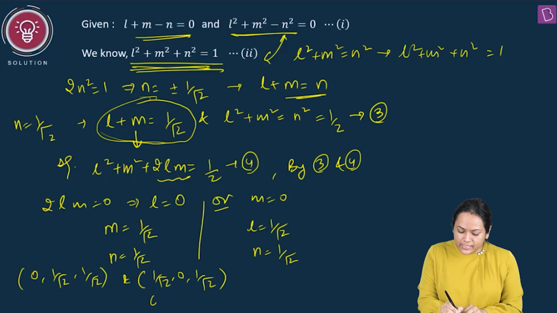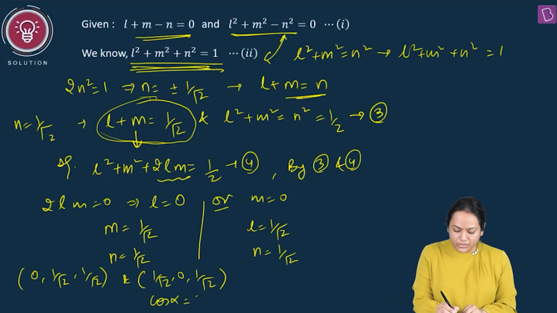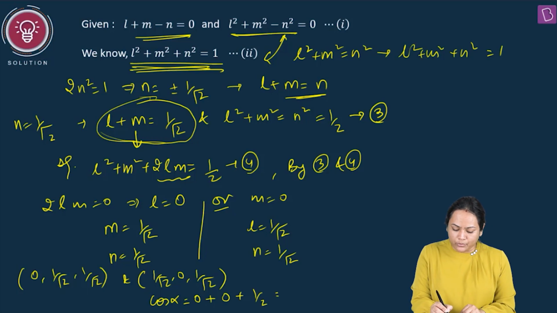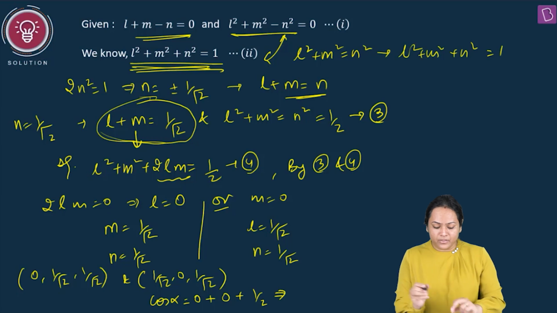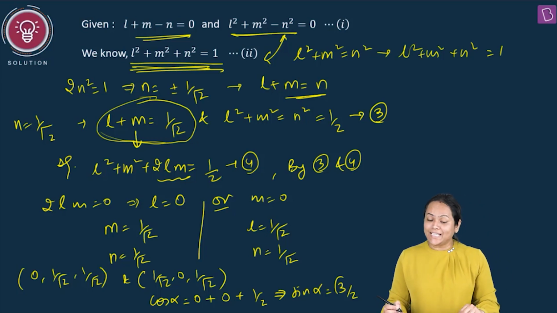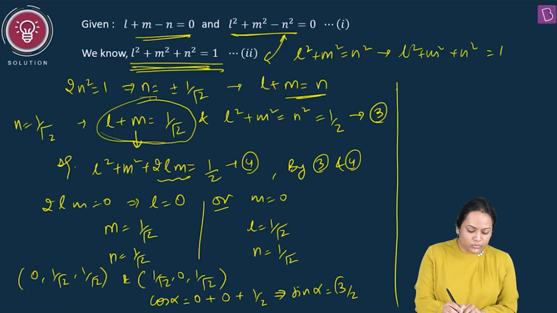Well, we can clearly say that cos alpha will be equal to L1 L2, which will become 0, plus M1 M2 again will be 0, plus N1 N2 will be equal to 1 by 2. So that is going to give me cos alpha as half. That means my sin alpha value will be equal to root 3 by 2. Isn't it?